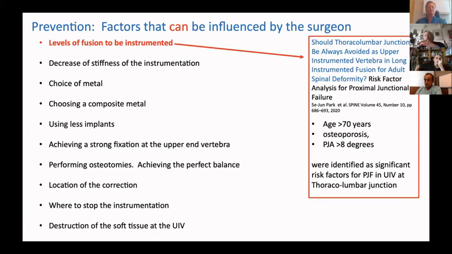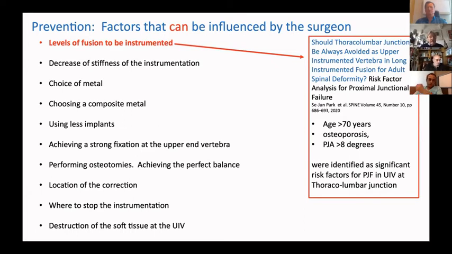And there are clear parameters which make it very probable, almost 70%, that you will have it: when the patient is over age 70, when there is osteoporosis, and when the PJ angle is more than 8 degrees, then the risk of such a proximal junctional kyphosis is about 70%.